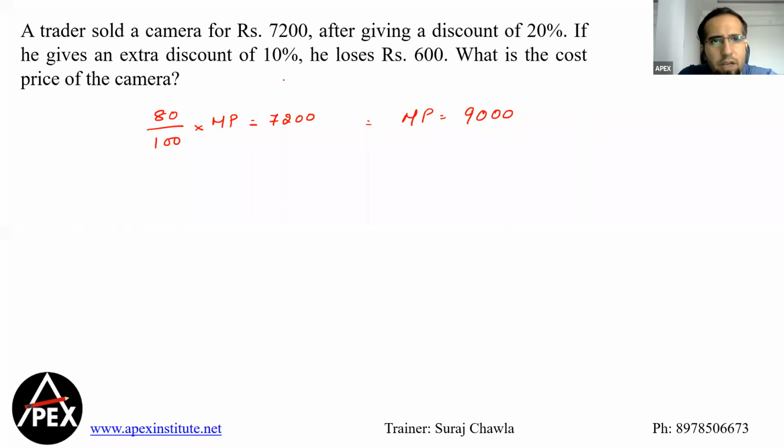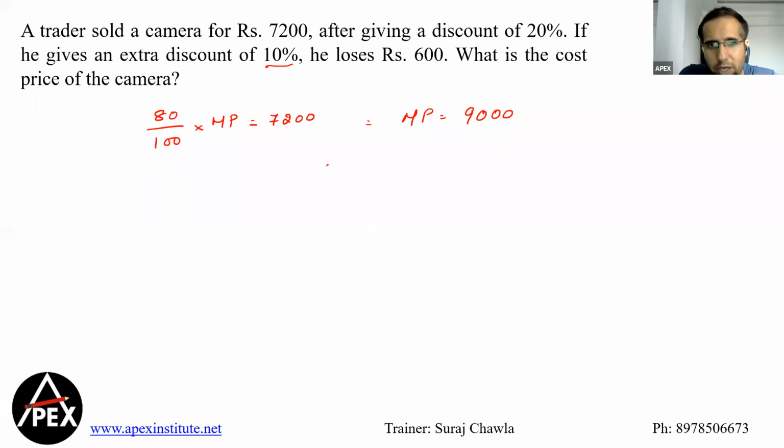So this is what we are getting here. It says if he gives an extra 10% discount, I think he should be giving a 30% discount, no? I'll have to just check with the question. I'm not very sure. I think it should be an extra 10% discount means earlier I gave 20%, now I'm giving 10% more, 30%.